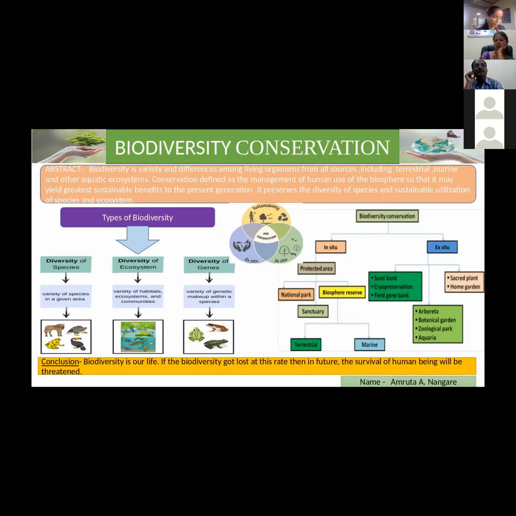What is the Red Book? Red Book is a book in which endangered species are registered.